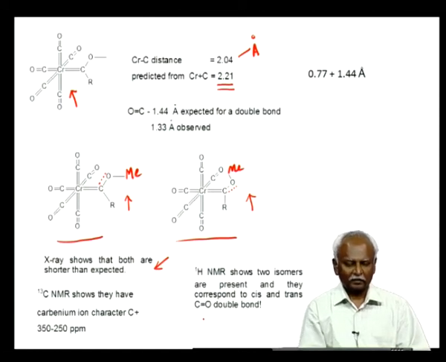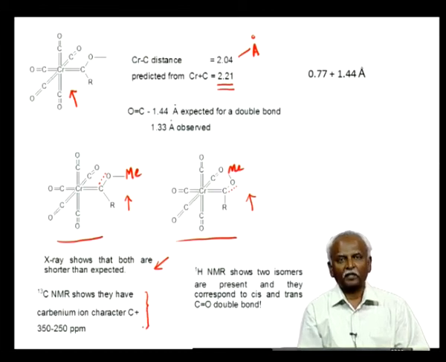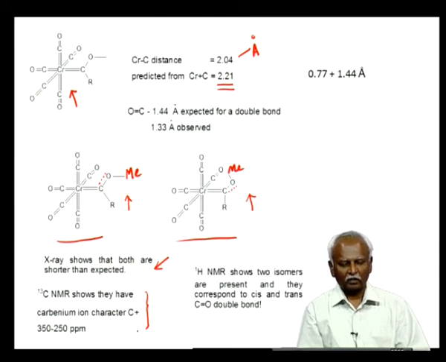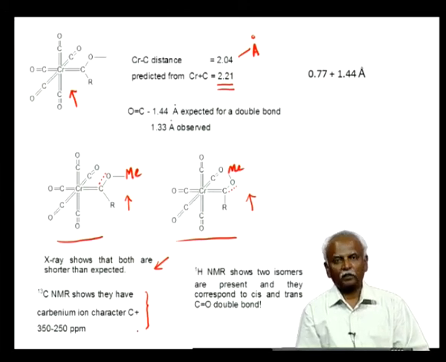If you look at carbon 13 NMR, you also find out that there is some carbenium ion character in this chromium hexacarbonyl and in the Fischer carbene complexes, because the chemical shift is quite high, and that is indicative of depletion of electron density around the carbon.